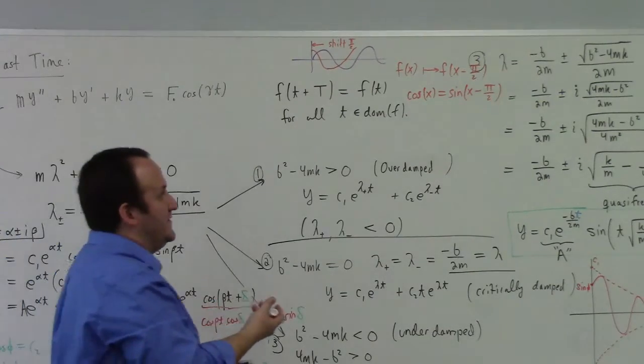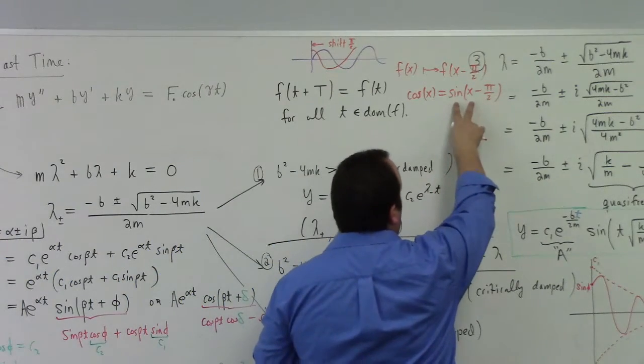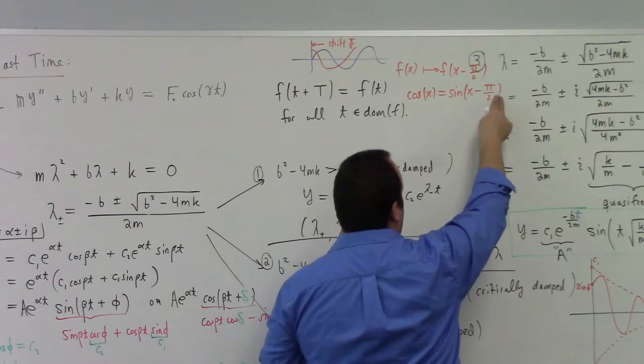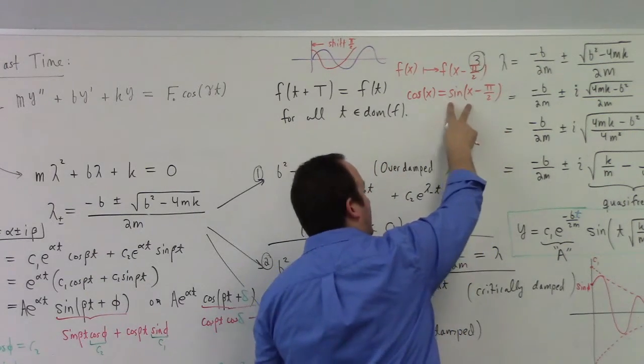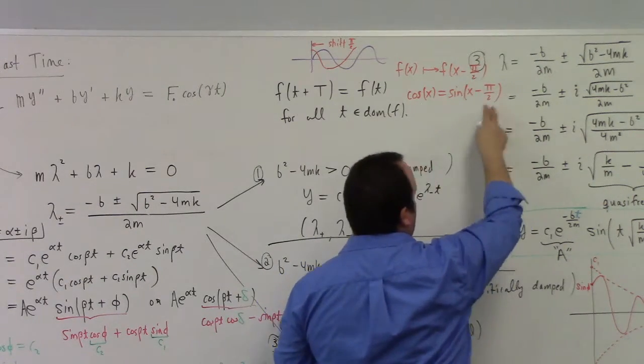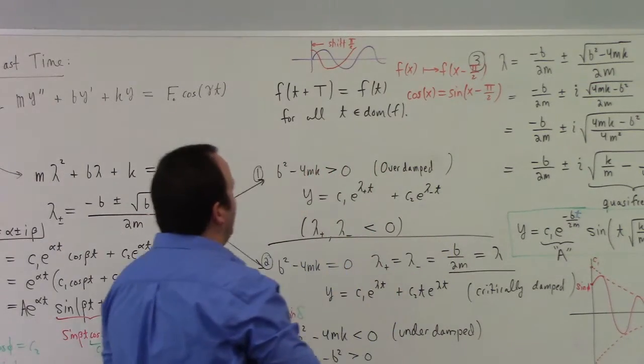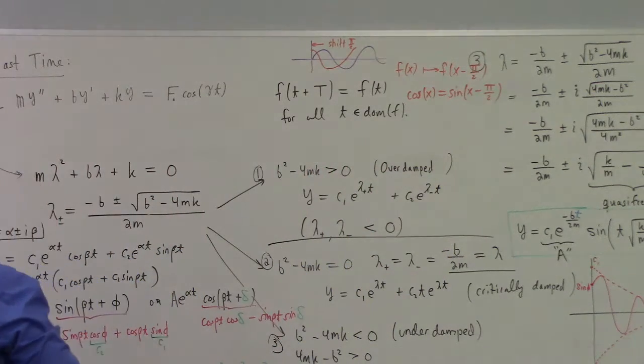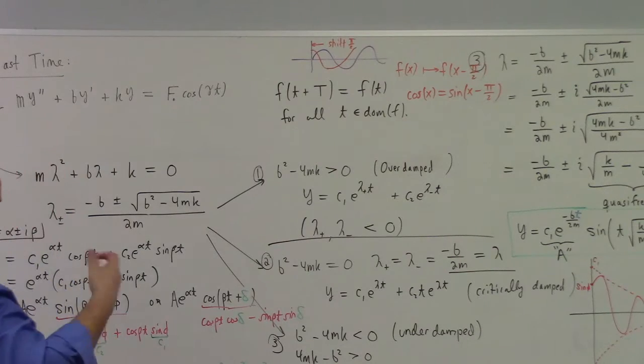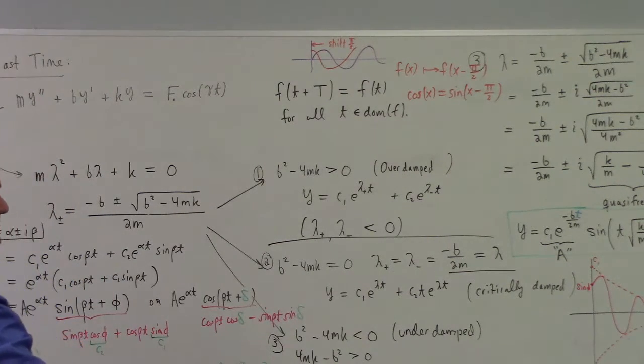Again, you can check me on this. If you do sine x cosine of minus pi over 2 plus cosine x times sine of minus pi over 2, I think you'll find out I'm wrong. Excuse me. What's my mistake? I see from checking my answer that I'm wrong. It's the backwards thing.